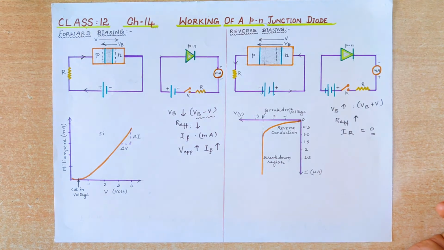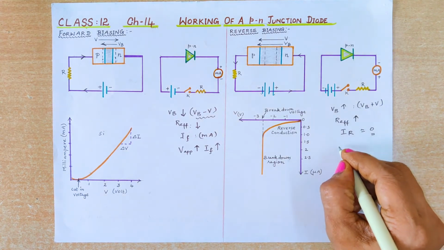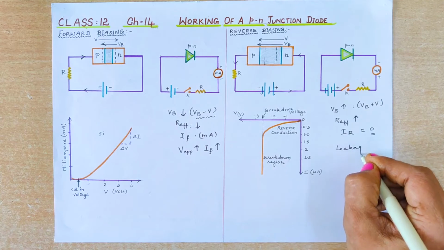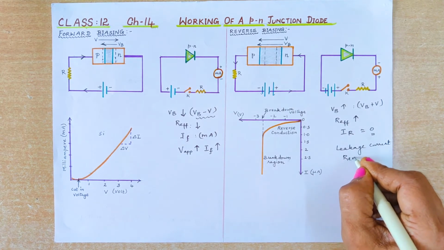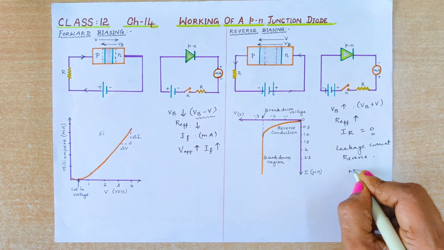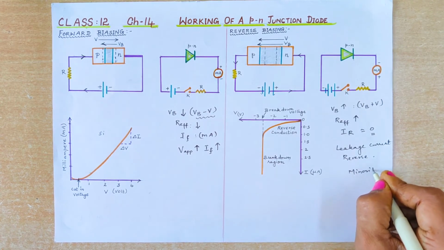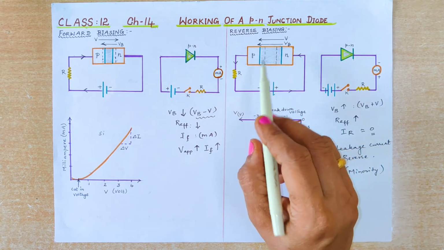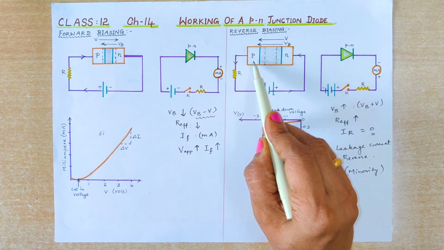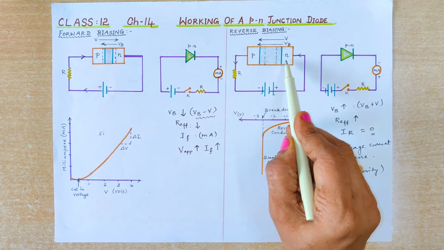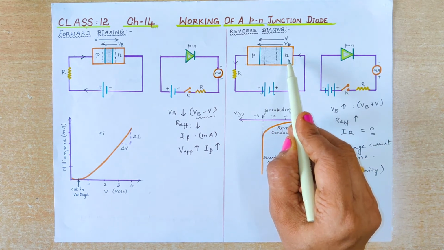But still we can see there is a small current flow. That current is called the leakage current, or otherwise the reverse current. It is due to the minority charge carriers which are always present on each side: on the P side there are always some electrons as minority charge carriers, and on the N side there are always some holes.